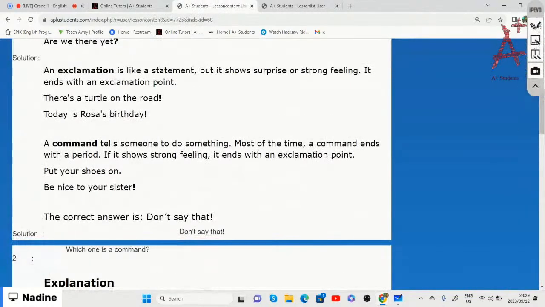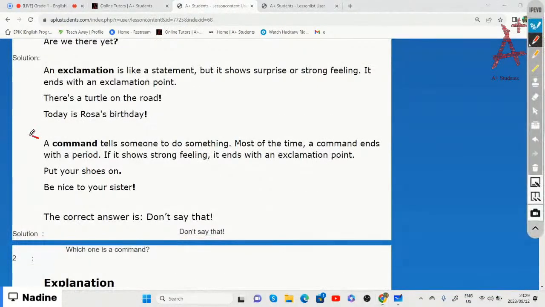All right, and then we're going to identify a command. A command sentence tells someone to do something. It's like requesting of someone to do something.